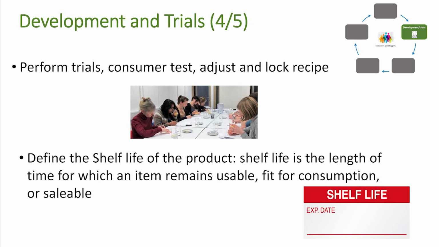And if you read, shelf life is the length of time for which an item remains usable, fit for consumption, or sellable. This is the shelf life of a product. It is what you see, expiry date. You can just have a look at the ones that are around you.